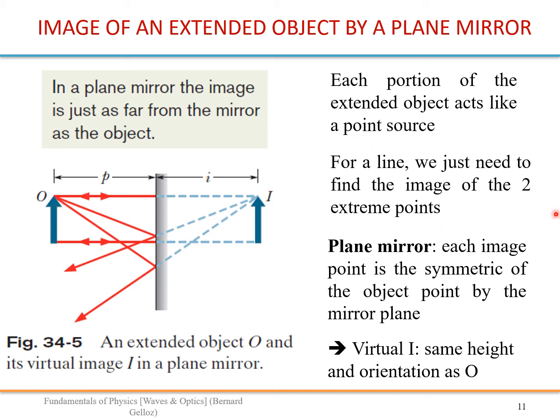And again, any point can be found by using just two rays. For example, for point O, you may find this one, which goes like this, and again that perpendicular to the mirror, like this, so the intersection is here.